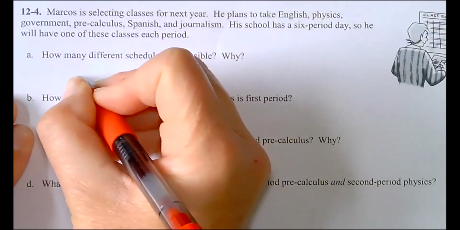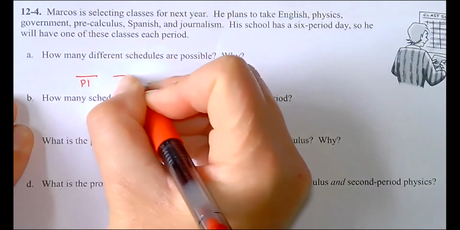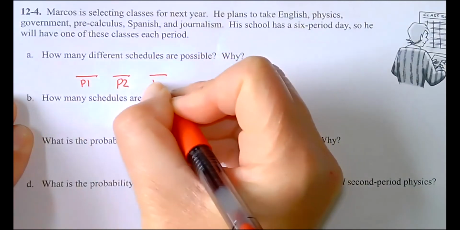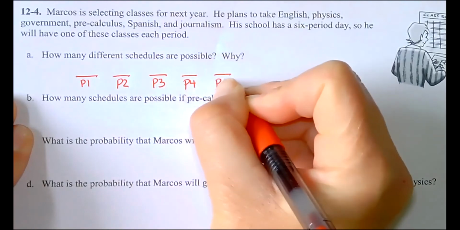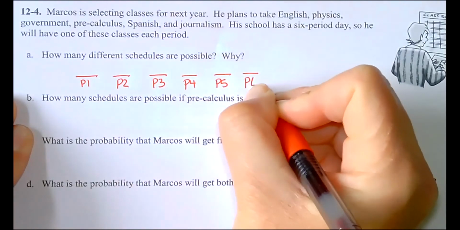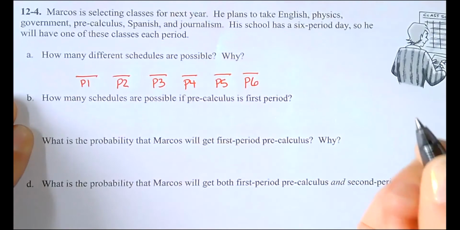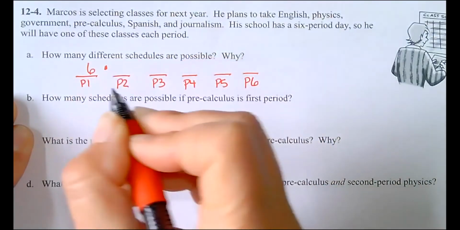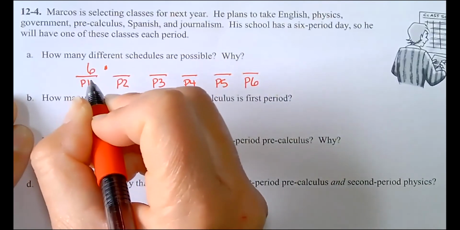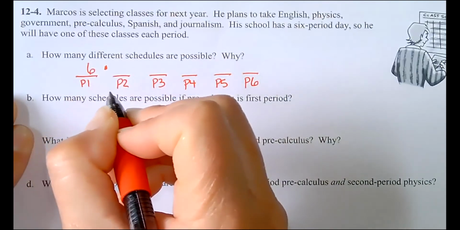So in this case, we'll have period 1, period 2, period 3, period 4, period 5, period 6. He has 6 choices for period 1. Now, once that class is selected for period 1, he's not going to take it again during the day.